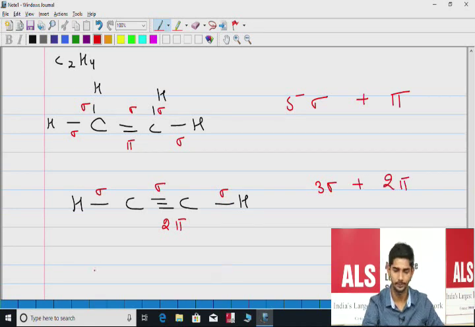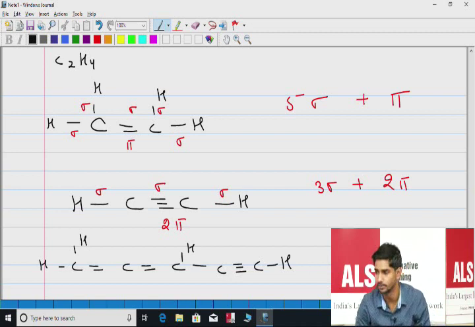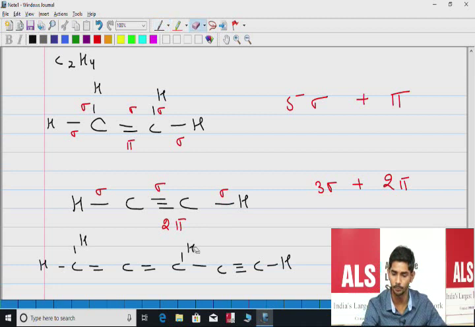I'm giving you a question, guys. You have to count the total sigma and pi bonds. Guys, count the total number of sigma and pi bonds in the given molecule. Count and tell me your answer. First of all, copy this one.